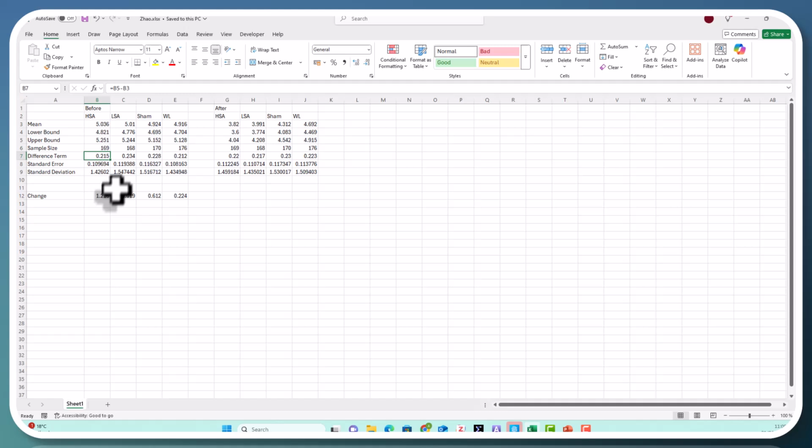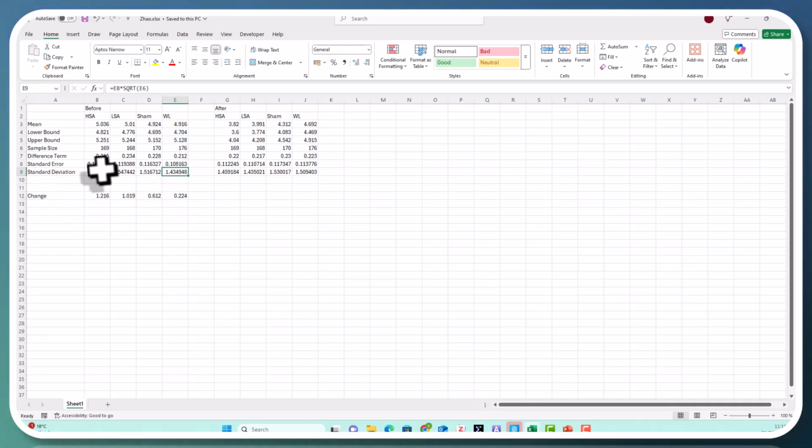Once you've calculated that difference, you divide it by the 1.96, as the formula says here, and then you multiply that by the square root of the sample size to convert this standard error into the standard deviation. And the standard deviation is 1.46, 1.55, 1.52, 1.43. These are all very similar to the standard deviations you've seen in the other papers.